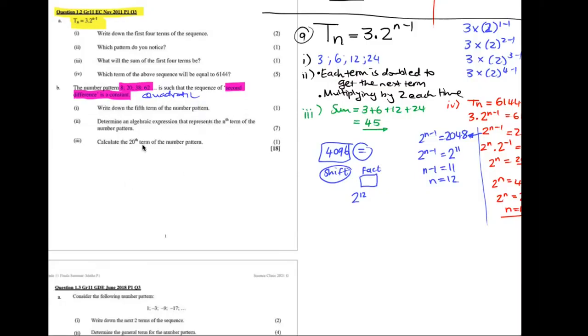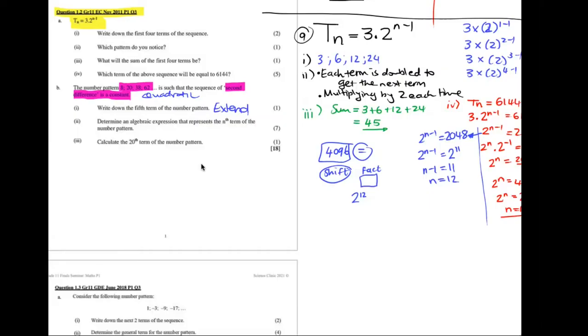All right, so now let's see what questions they ask, and then we will answer them. Write down the 5th term of the number pattern. In other words, they're asking us to extend the pattern. Next, determine an algebraic expression that represents the nth term of the number pattern.